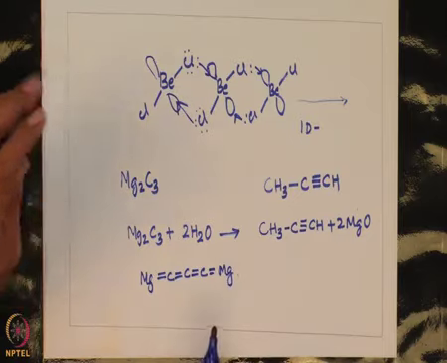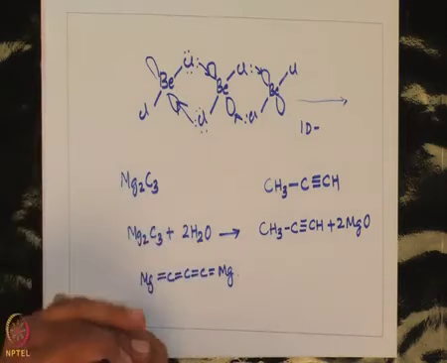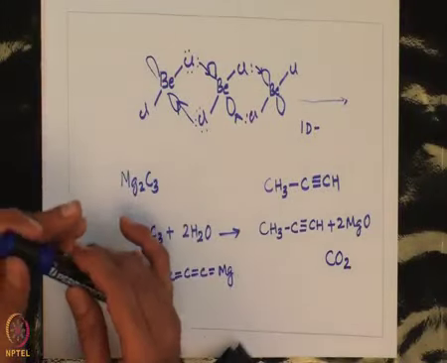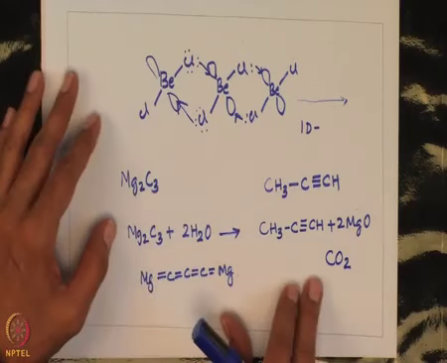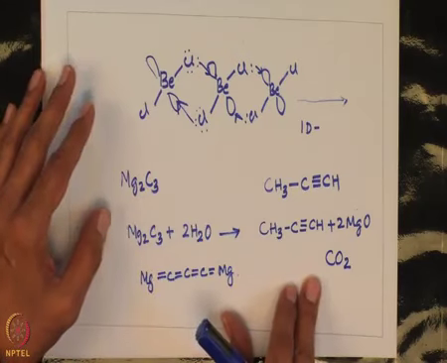So, suggest a formulation of the carbide. The carbide is Mg2C3 and this is isoelectronic with carbon dioxide. Just by analyzing this statement one can conveniently write the right equation and arrive at the right answer.